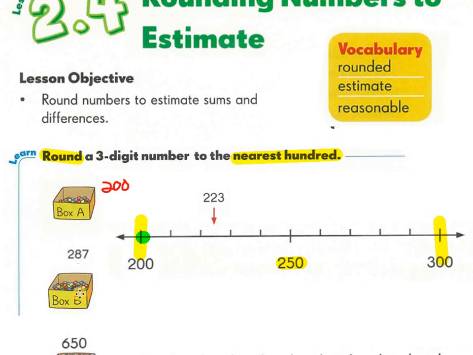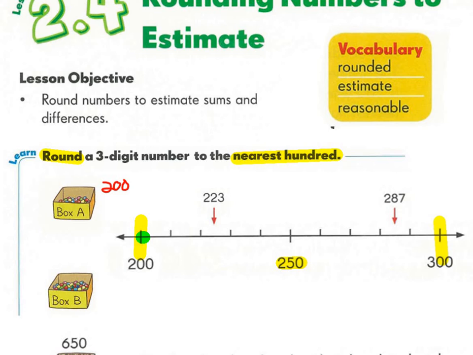I can see that box B has exactly 287 beads in it. And I'm going to take that number and put it on the number line too. 287 is bigger than 250, so let me count. 260, 270, 280. This is 290. 290 is too big. 280 is a little too small. So this number is going to go between the two.